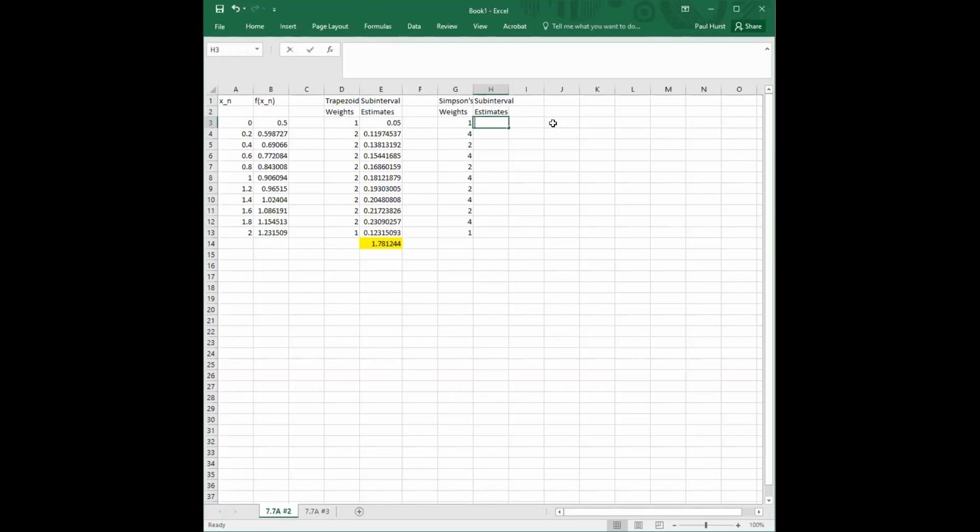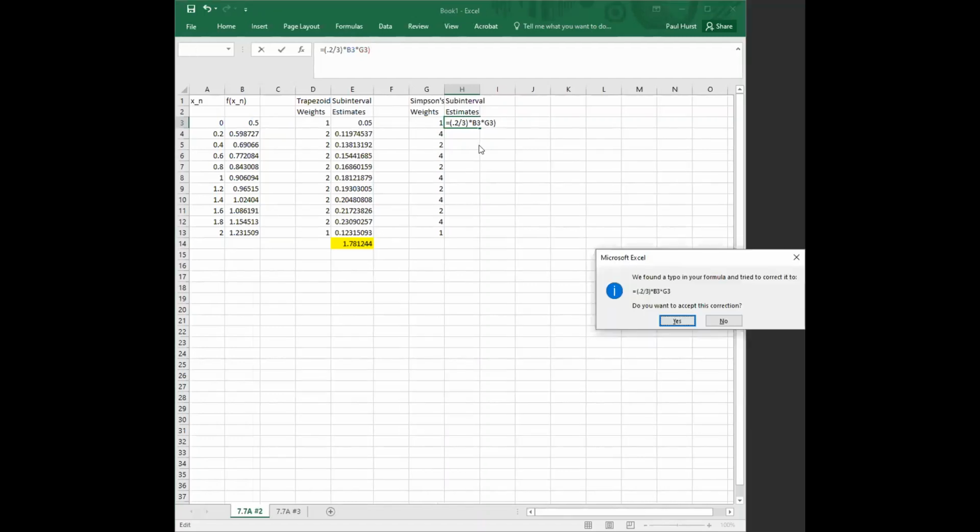So Simpson's rule was you're taking H, which is 0.2 in this case, and dividing by 3. That's the Simpson's rule formula. Times, and then I'm going to go B3 times G3. So I'm multiplying by the function times its corresponding weight times H over 3. And that gives me that.